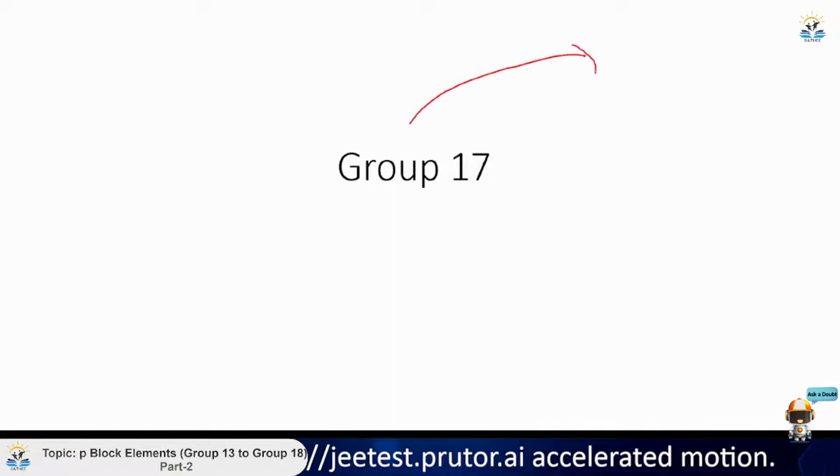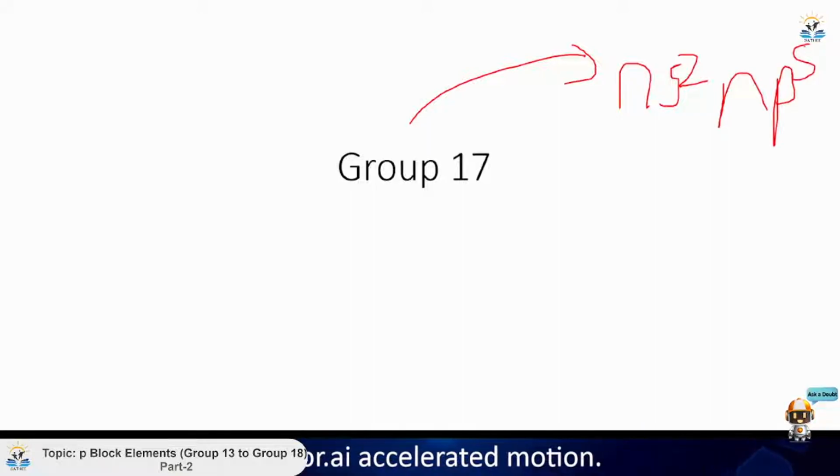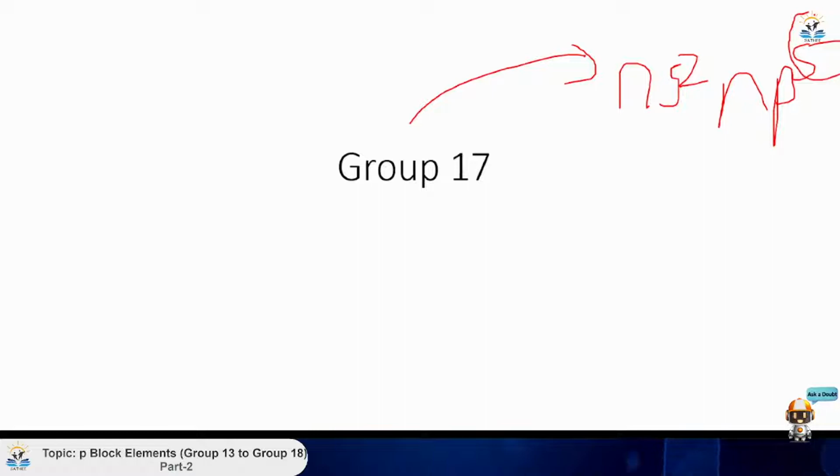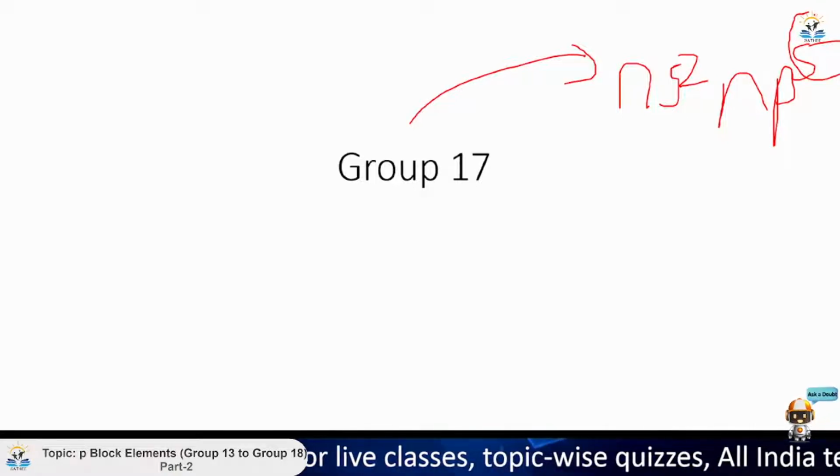They have a general electronic configuration of ns2 np5, right? And they are very highly electronegative. That is simply because they have seven electrons in the outermost shell and want to become stable, so they have a high tendency to accept one electron, and hence they are comparatively very reactive. Group 17 elements are generally known as halogens or halides, which we have seen until now.